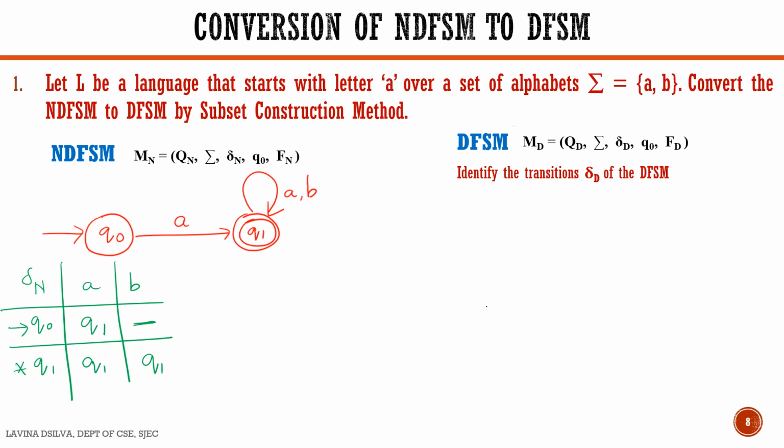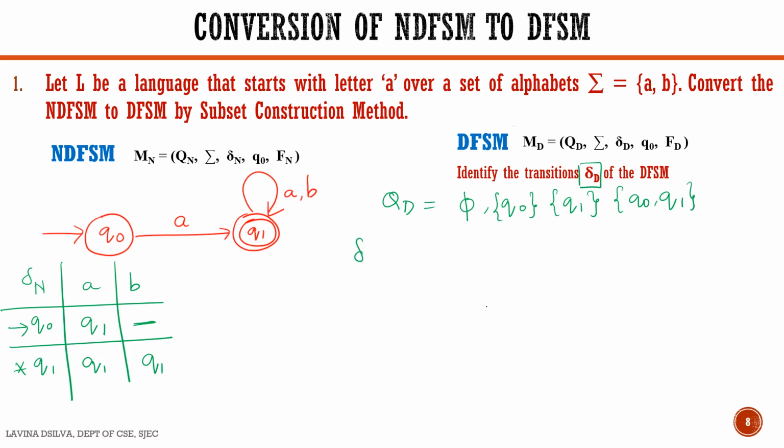In order to construct delta D transitions, we will consider all the states QD of the DFSM. So we have QD states as empty set, then the single element sets Q0 and Q1, and then Q0, Q1.